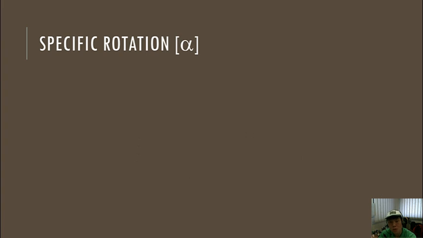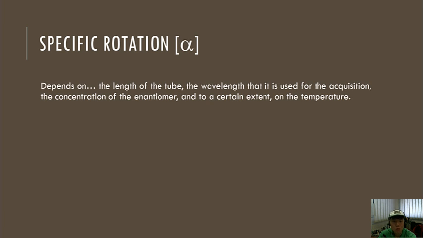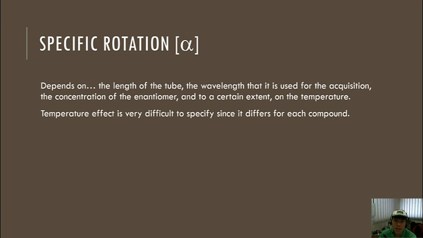So now the specific rotation alpha depends on a few factors: the length of the tube, the wavelength which is used for the acquisitions, the concentration of the optically active compound, and to a certain degree, the temperature as well. However, take note, the temperature effect is very difficult to specify since it differs for every compound.